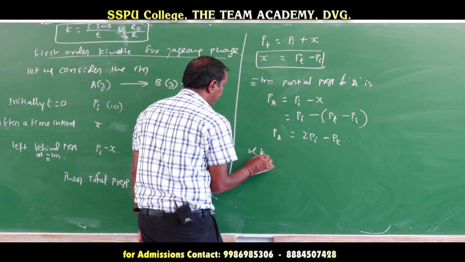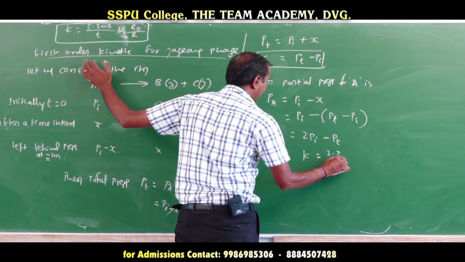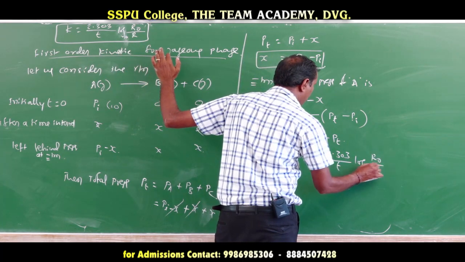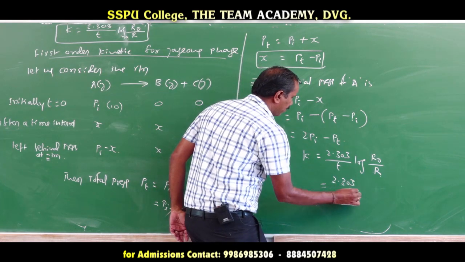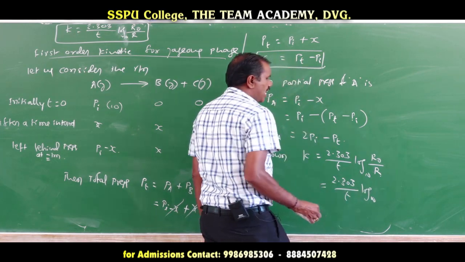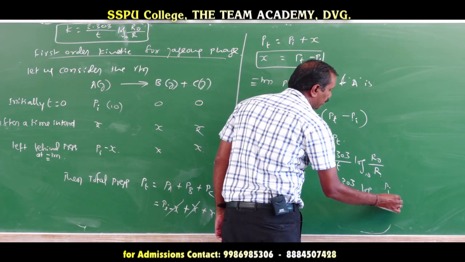We know that K equals 2.303 by t into log of R naught by R. Here R naught is the initial concentration, which we write as the initial pressure Pi.